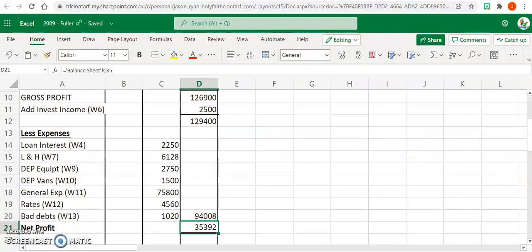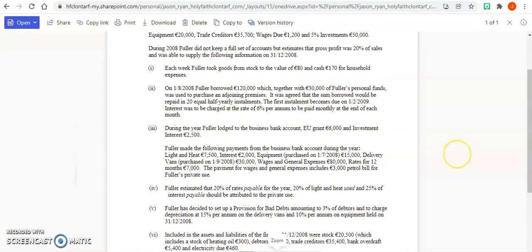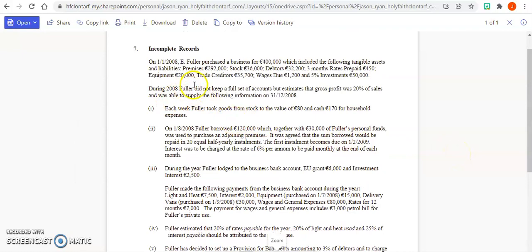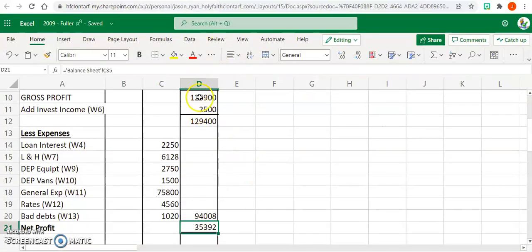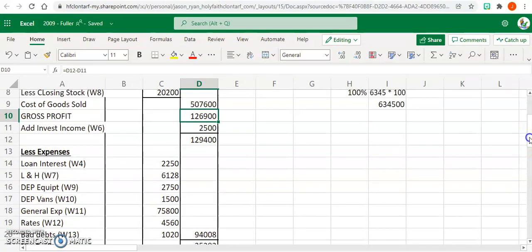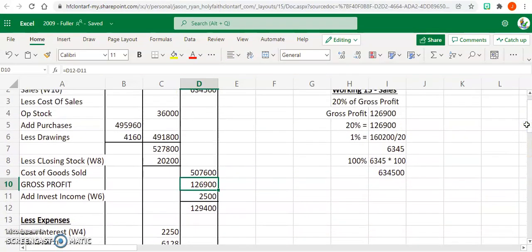Now there's an important piece of information in the question. It says that during the year Fuller did not keep a full set of accounts and he estimates that gross profit was 20% of sales. So this figure we've calculated here, our gross profit of 126,900, is 20% of sales. So if 20% of sales is equal to 126,900, then 1% is equal to 126,900 divided by 20, so 6,345.